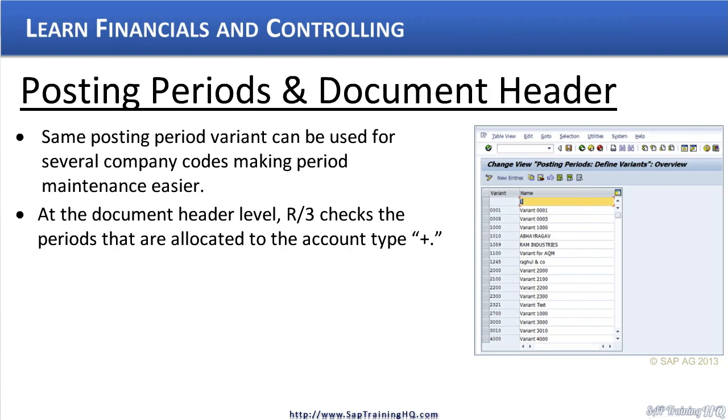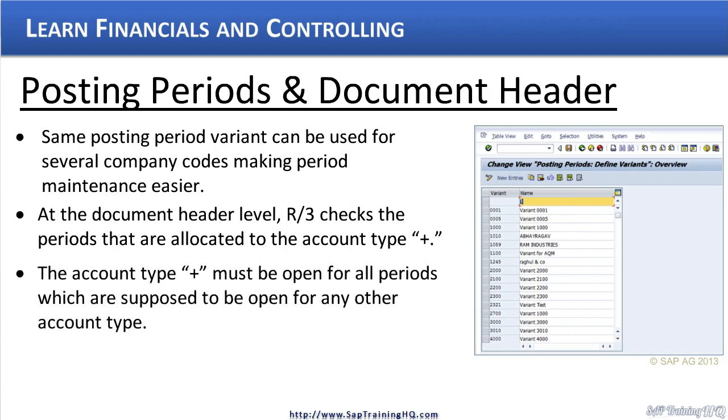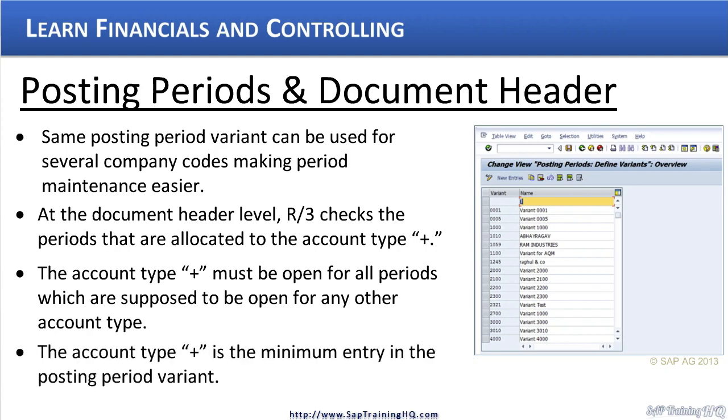Since this is the first check, the account type plus must be open for all periods which are supposed to be open for any other account type. The account type plus is the minimum entry in the posting period variant. Posting periods can be managed differently for different account types. That is, for a certain period, postings on customer accounts can be possible while postings on vendor accounts may not.